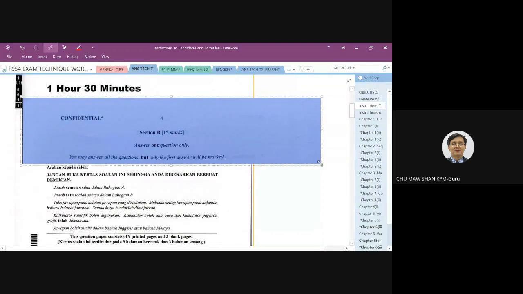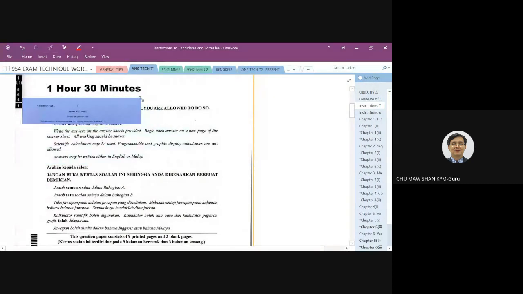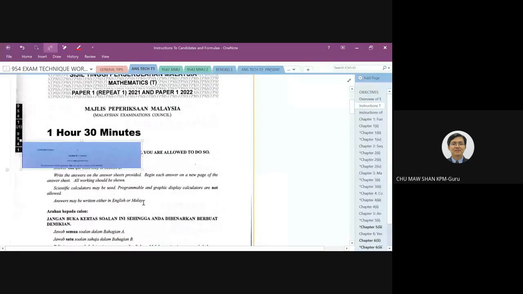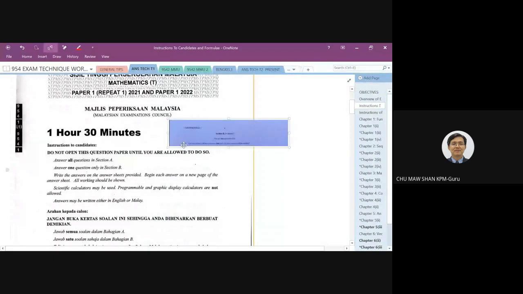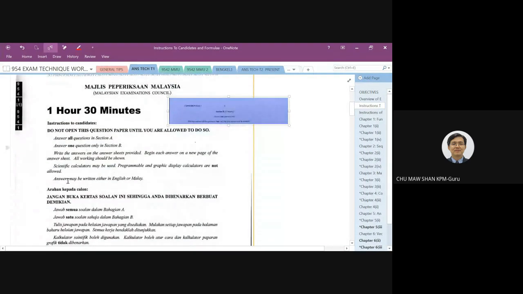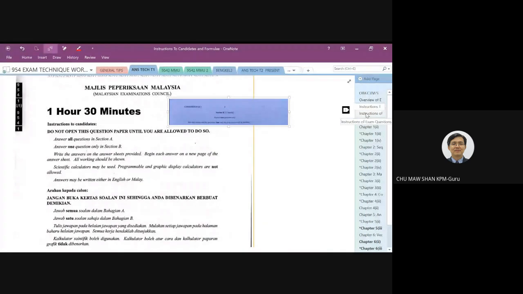All right, this is what I'm trying to say regarding the instructions here. Answers may be written in either English or Malay, but throughout the years, mostly 99.9% of students answer in English.